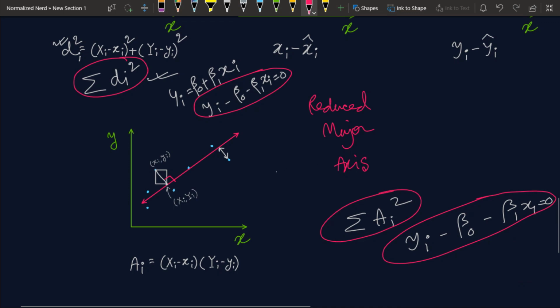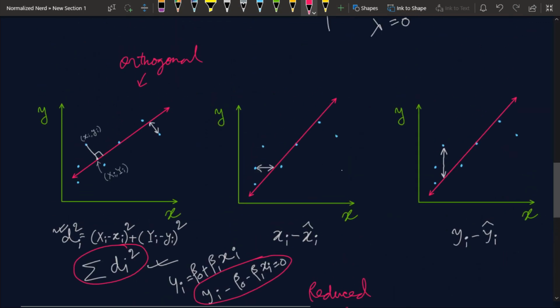Okay, so now I'm gonna answer why would anybody want to use this orthogonal distance instead of this horizontal and vertical distances. Well, the main concept of this kind of error is to incorporate both the uncertainties in the y-axis and x-axis in our model.